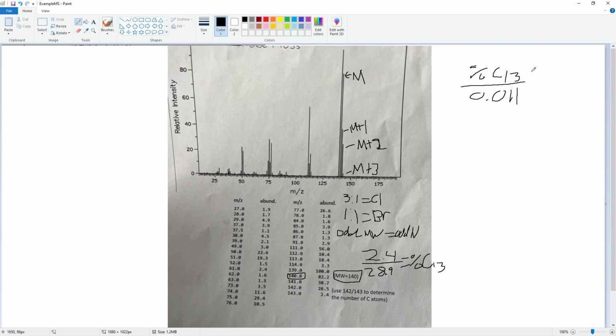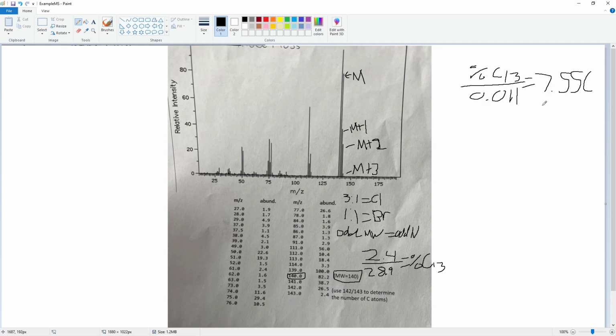So 2.4 divided by 28.9, and then you're going to divide that by 0.011, and that gives me about 7.55 C. So obviously I don't have 7.5 carbons.